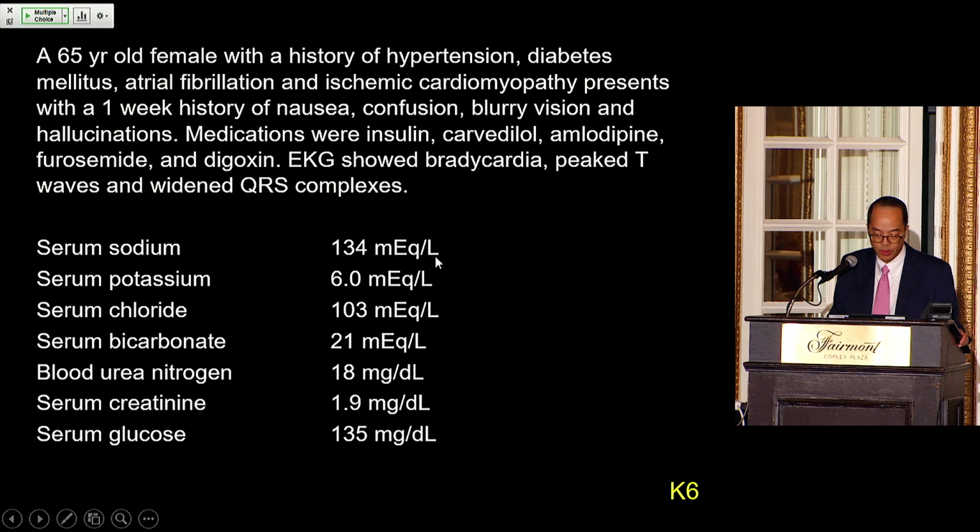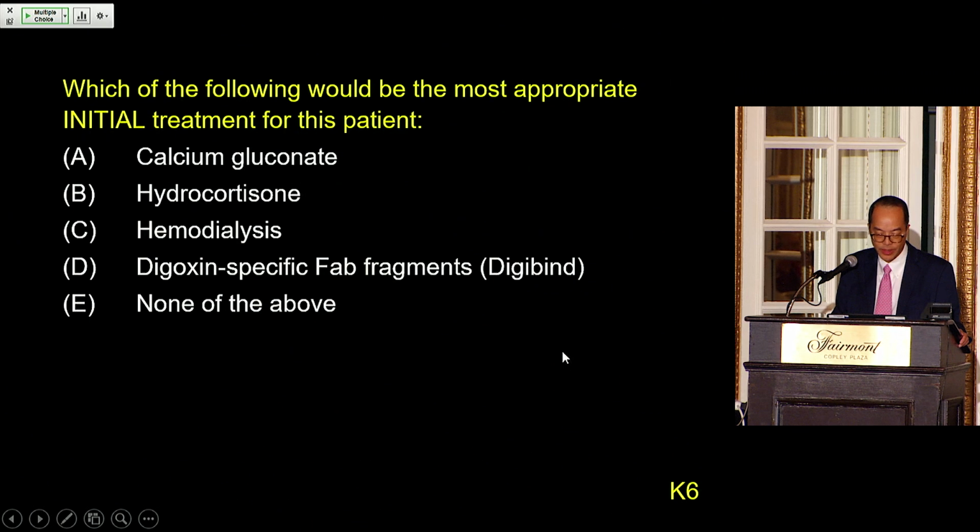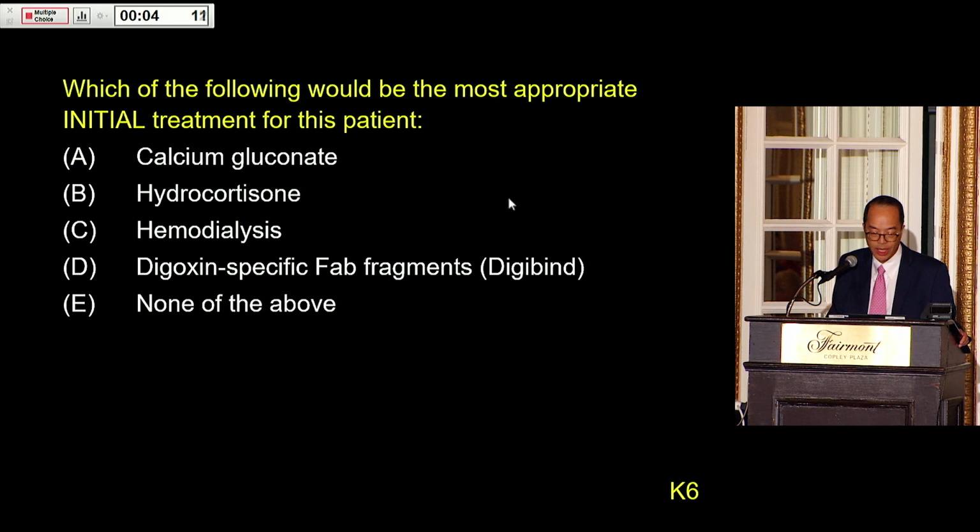Her sodium is 134, K of 6, bicarb 21, creatinine 1.9. Which of the following would be the most appropriate initial treatment for this patient? Is it calcium gluconate, hydrocortisone, hemodialysis, Digibind, or none of the above?